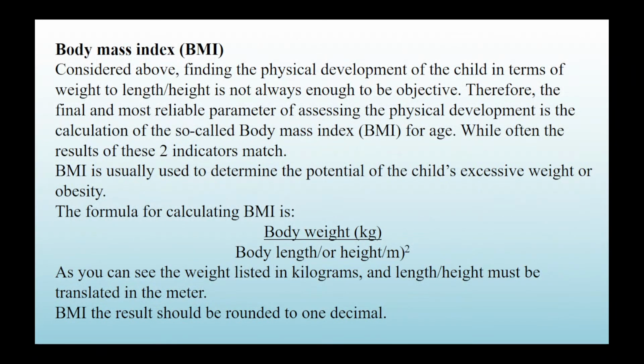Body mass index: as considered above, finding the physical development of a child in terms of weight or height is not always enough to be objective. Therefore, the final and most reliable parameter for assessing physical development is the calculation of the so-called body mass index (BMI) for age.